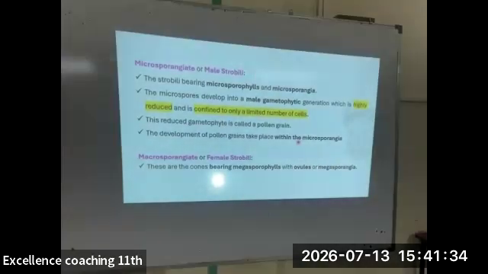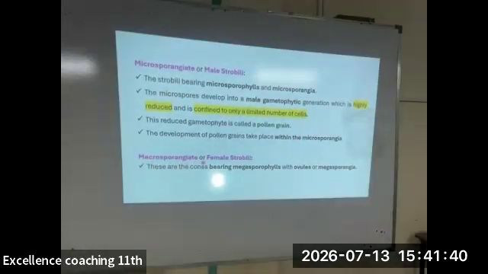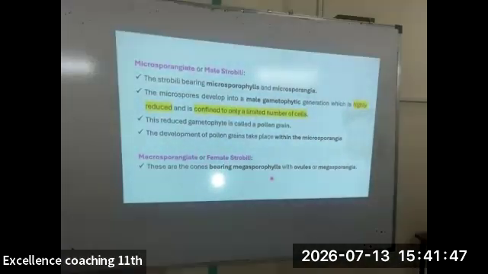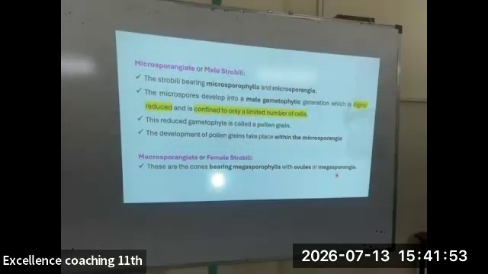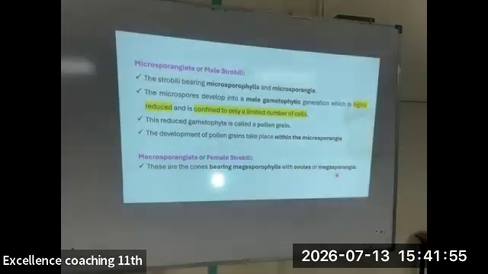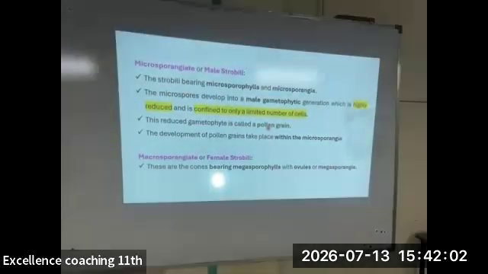After some time they become mature, and then pollination takes place. Now, the macrosporangiate or female strobilus. About this, only one statement is given: it bears megasporophylls with ovules or megasporangia. So megasporangia is what? Ovule. And microsporangia is what? Pollen grain. Is this clear?